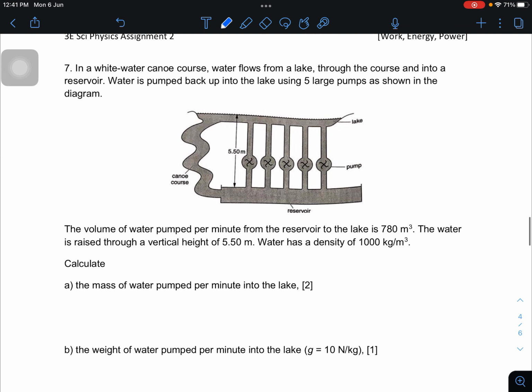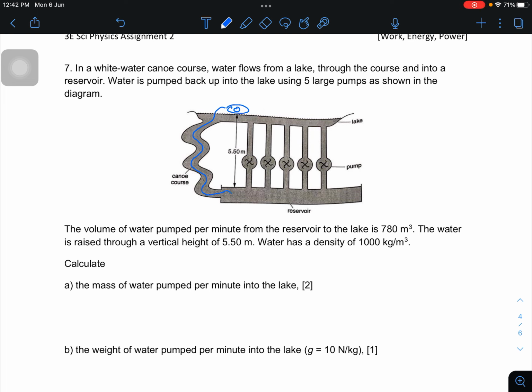Question 7. In a white water canoe course, water flows from a lake through the course and into a reservoir. Water is pumped back into the lake using 5 large pumps as shown in the diagram. So this is the lake. Your canoe will probably start here, then you kayak down the stream, and the water will flow, then stop somewhere here, or go back into the reservoir.